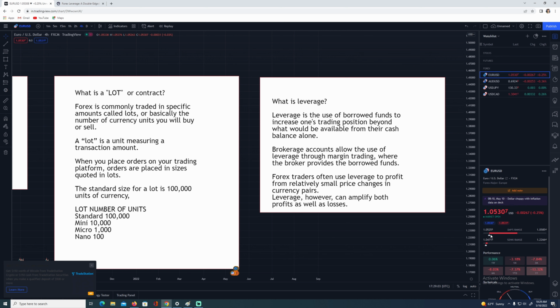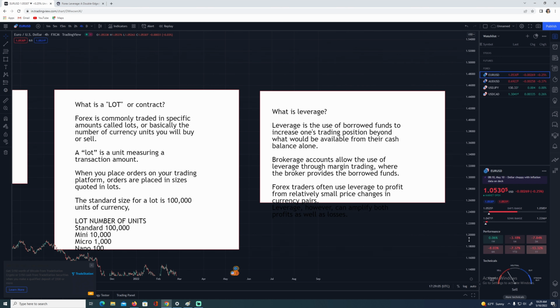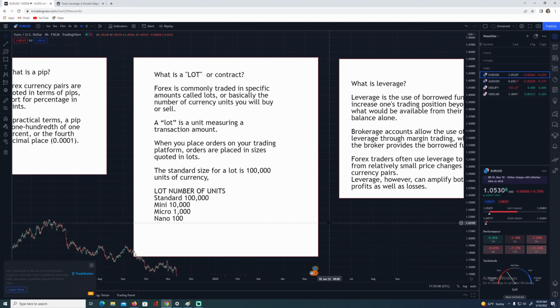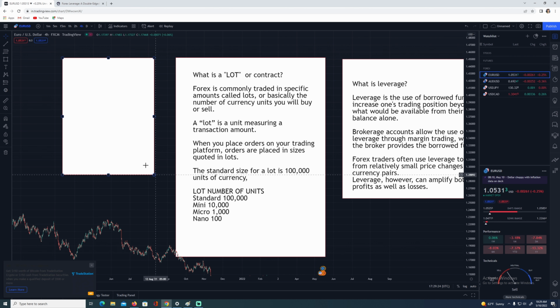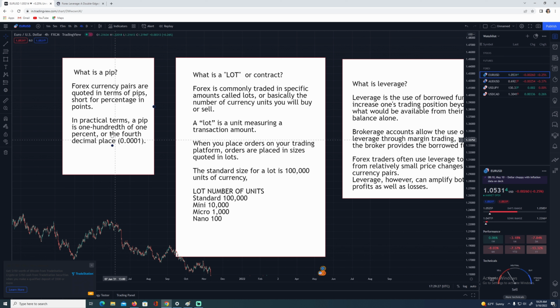So what that means is, let's say I have a small account with $3,000, and I buy one standard lot size. Now, if I buy one standard lot size, that means for every pip that goes up in value, I'm going to gain $10.